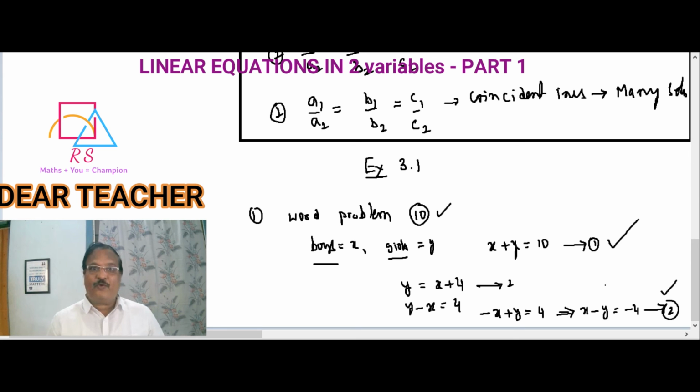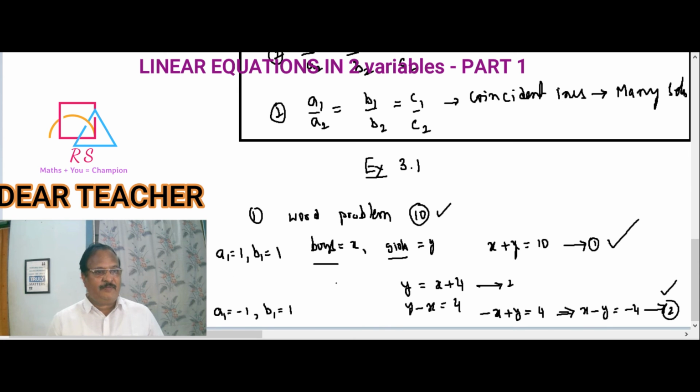First let us check how many solutions are there, whether they are consistent or not consistent. That means whether they have a unique solution or not. So for this, a1 is equal to 1 and b1 is also equal to 1. In the second equation, a2 is equal to minus 1 and b2 is equal to 1.